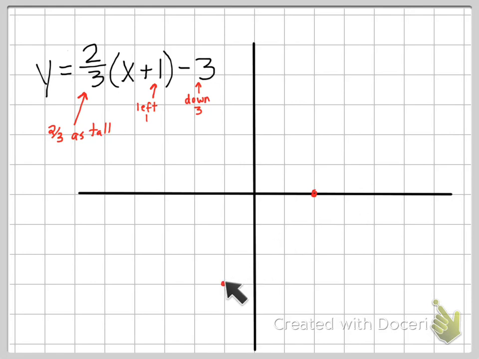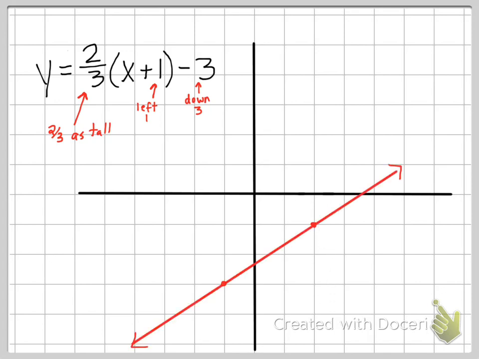If a was 1, it would just go up 3 and over 3. Okay, but this point has to be 2/3 as tall. So I don't need that point there. I need it here, which is 2/3 as tall as it would have been. It would have been three units taller, so now it's only 2.